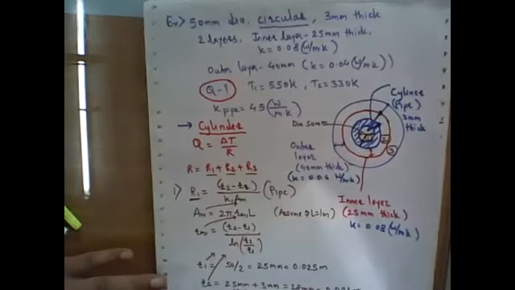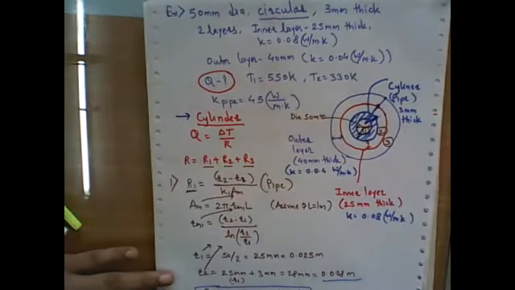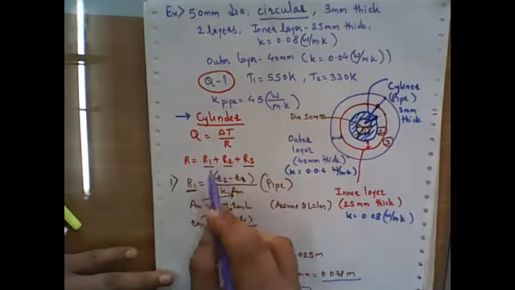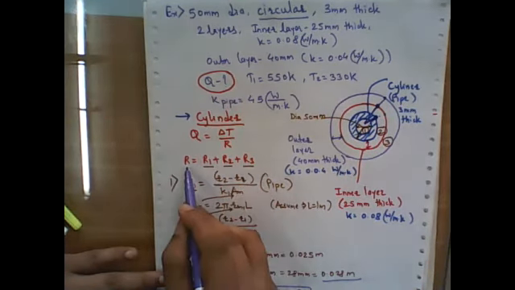Now we know these capital R1, R2 and R3 values. If we add these R1, R2, R3 values, it gives us the value of capital R, that is the total thermal resistance.